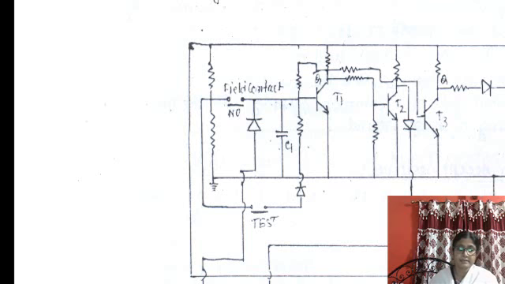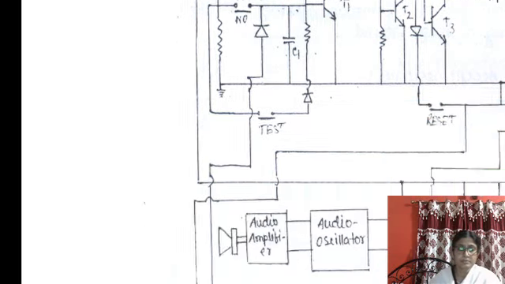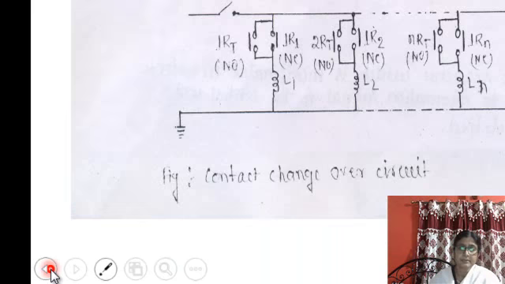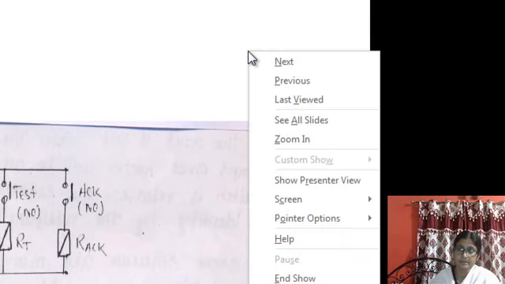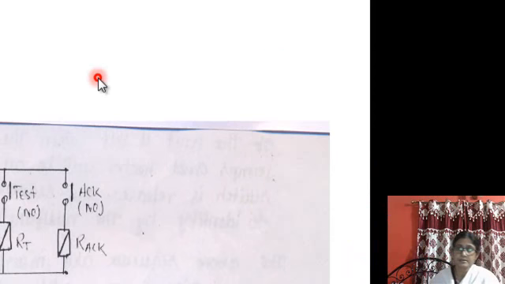Otherwise, I will give you the write-up of the explanation. So mostly the relay type annunciation is used. So realize the operation of the annunciator using the relay based system, of course using electronic circuits also. So thank you.